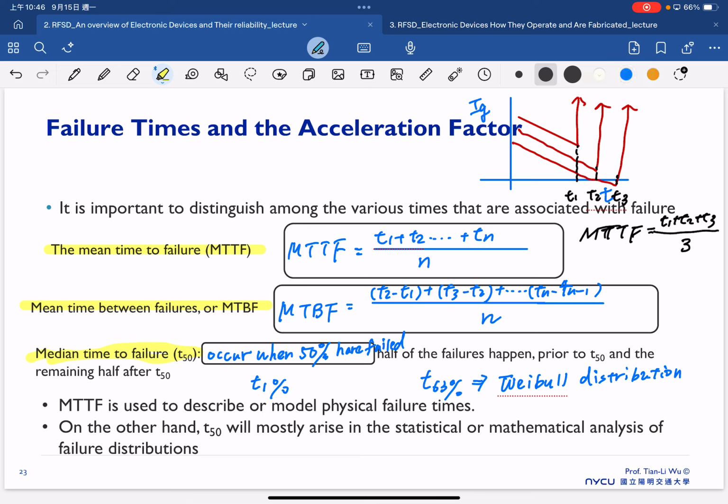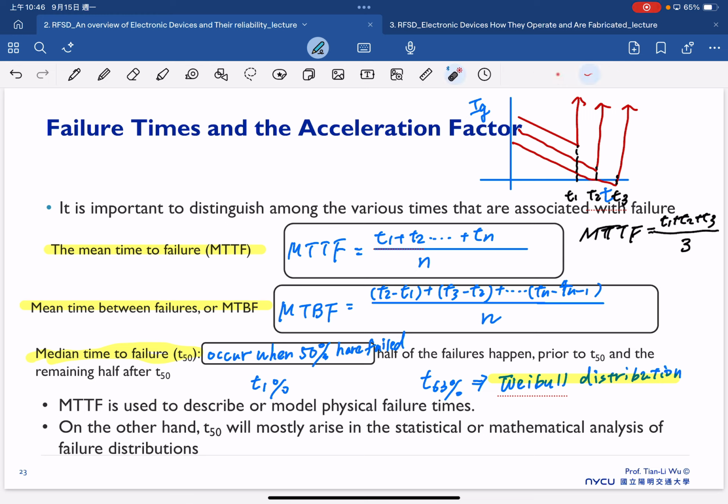When we later talk about statistics and mathematics, we will discuss different distributions, including the Weibull distribution, and at that moment you will realize that T63% is another very important time to look at.